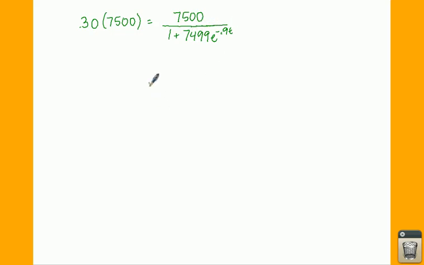So let's simplify. 30% of 7,500 is 2,250. And what we have then is a proportion. And you all know how to solve proportions. You had to do that a couple times on your last homework.